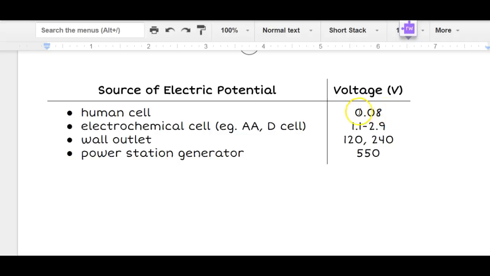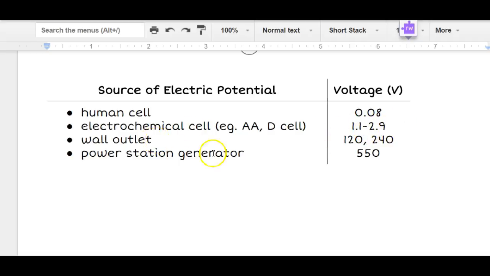That's quite small, but our nervous impulses actually rely on electrical energy, and that's a topic that we discuss in more detail in grade 12 biology. An electrochemical cell, for example an AA battery, depending on the type of battery might have 1.1, 2.9. We even have a 6 volt lantern battery that we use in class. Those are just some common volts, right?